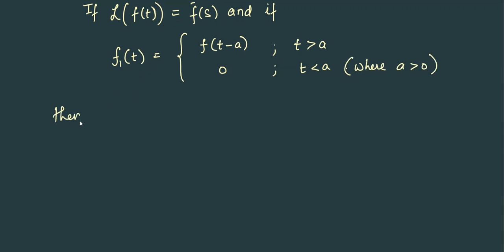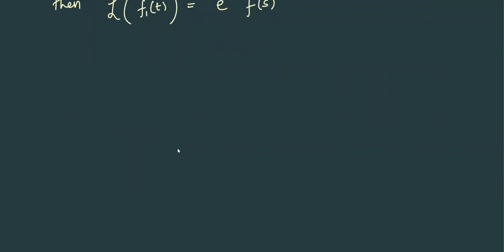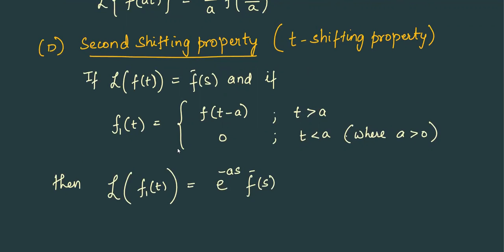Then the Laplace transform of this function, f of t minus a and 0, will be equal to e power minus as times f bar of s. Now this is not s minus a; here e power minus as comes outside.